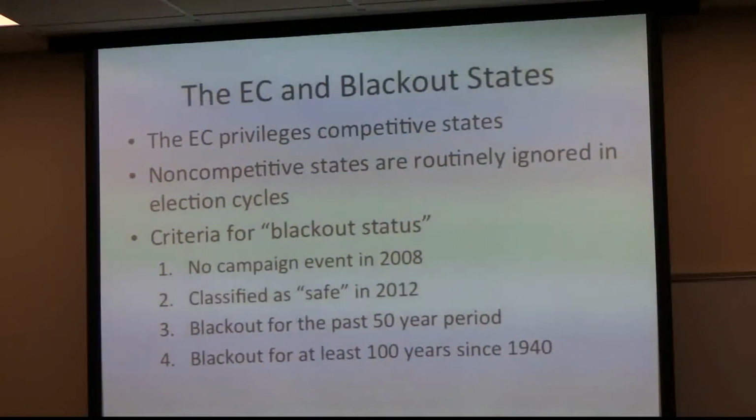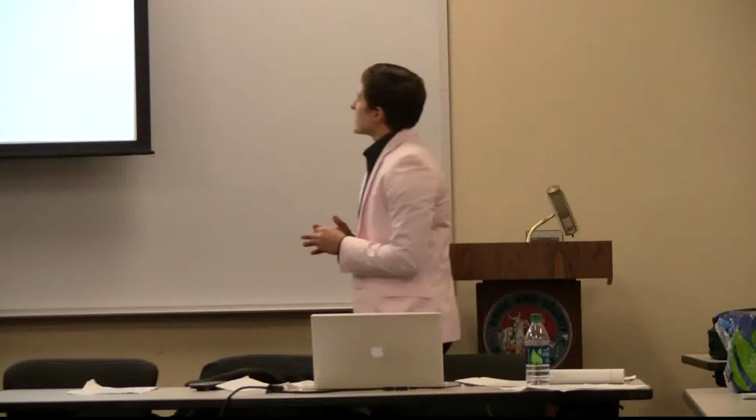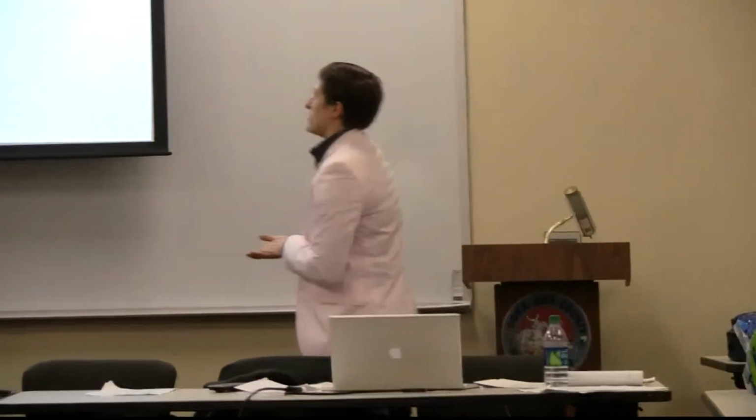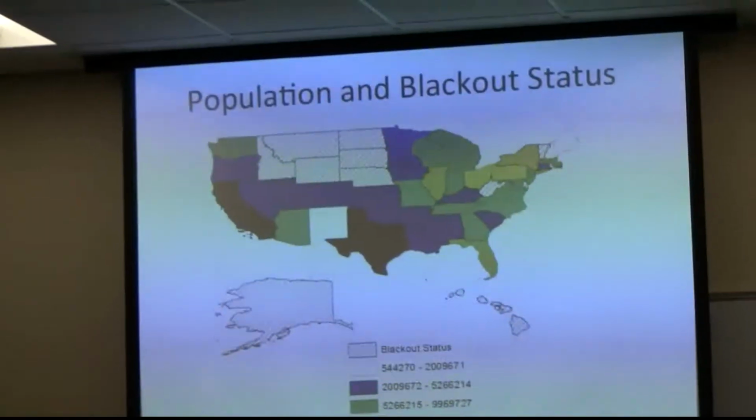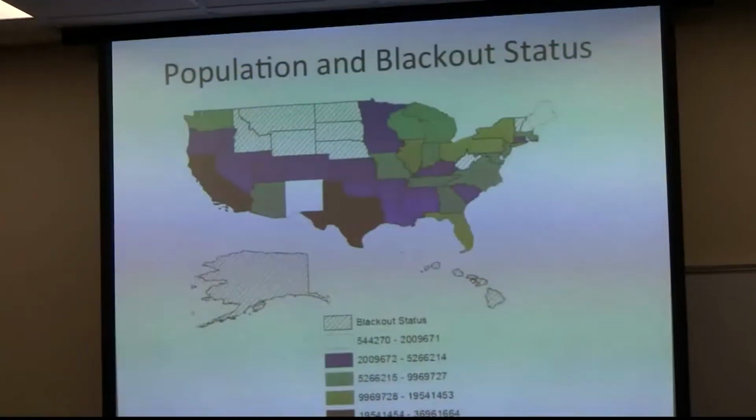So to give you an idea of what those 100-year period blackout states are, there's states like Connecticut or Georgia that are pretty much uniformly one-party states and they have been uniformly blackout. So blackout status changes and competitive status changes, but there are some states that actually never come into play, that never matter. So you can see from this map that this is the relationship between population and blackout status, but if you can see those hatch marks, every state with a hatch mark falls into this blackout category.